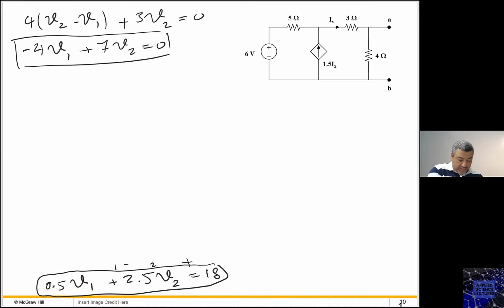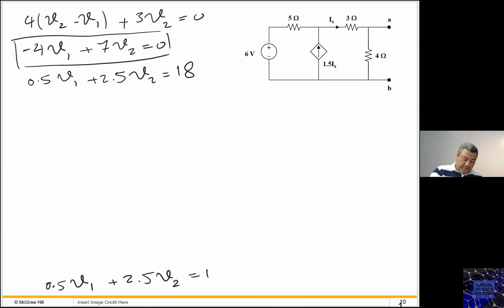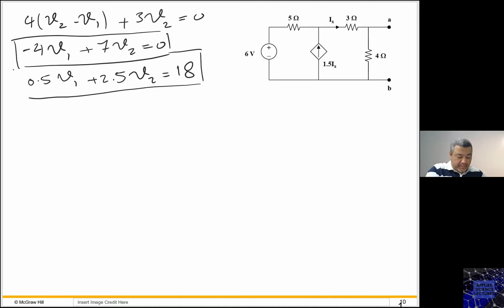So we have here 0.5 V1, 0.5 V2 equals to 18. Okay, so if I multiply this with 8, right?